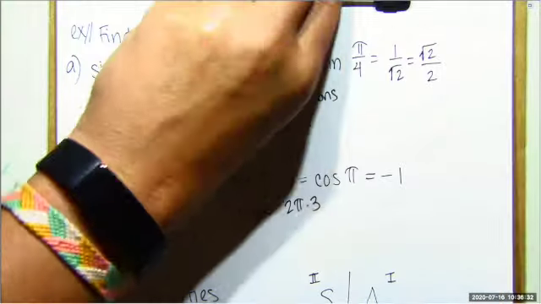Next set of properties. Again, this is something we already saw in the last section, but I'll list them here for you as well, just so you have them all in one place in your notes. The next one is called the reciprocal identities.